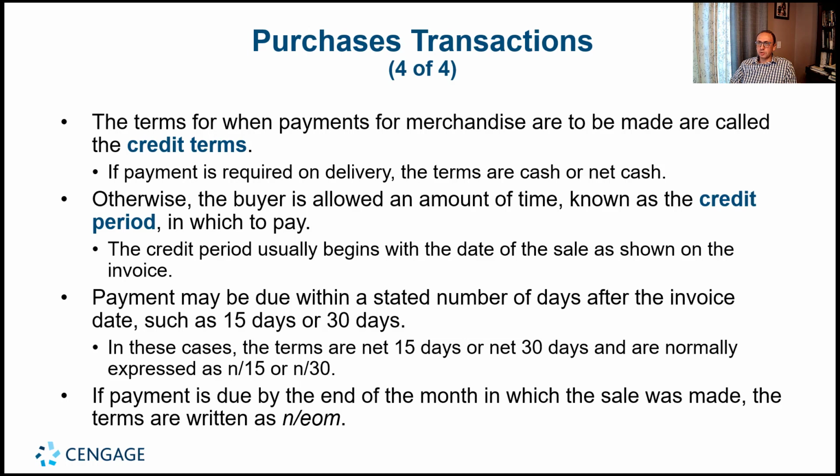So, one more time, the terms for when payment for merchandise are to be made are called the credit terms. If payment is required on delivery, the terms are cash or net cash. So we call it like cash on delivery. Otherwise, the buyer is allowed an amount of time known as the credit period in which to pay. So the credit period usually begins with the date of the sale as shown on the invoice.